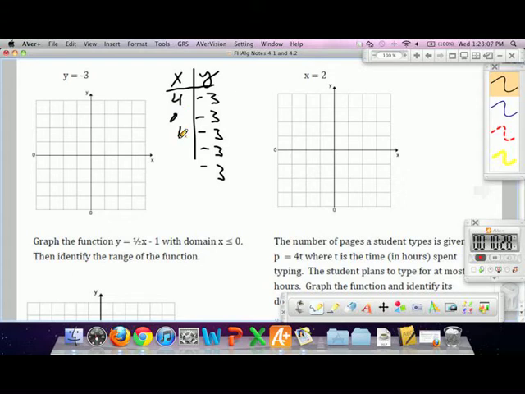Right 4, down 3. Left and right nothing, down 3. Right 1, down 3. Back left 2, down 3. Left 5, down 3.